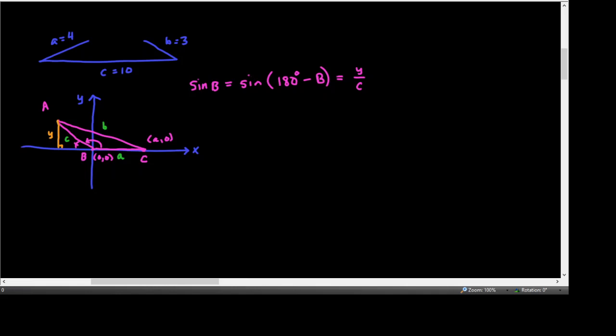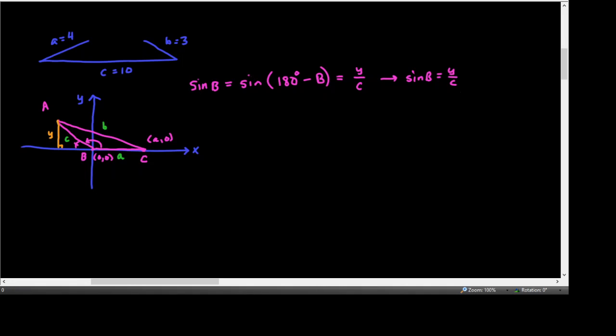And so we can conclude from this that sine of B will be y over c, using a transitive property argument. If sine of B equals the sine of its supplement, and the sine of the supplement equals y over c, then sine of B has to equal y over c.